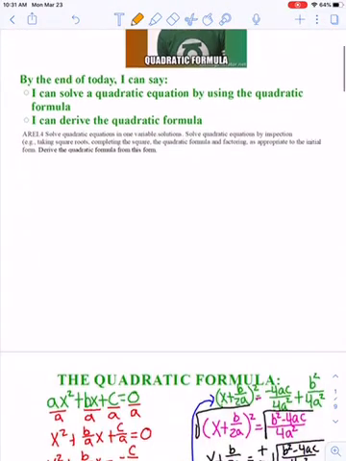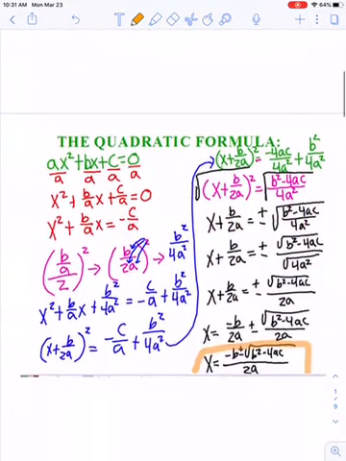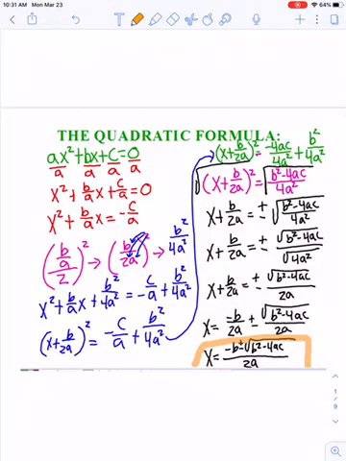The problem with doing that is the quadratic formula is fairly long. So this right here is how you derive the quadratic formula, and I used to make students actually do this process, but lucky for you, what I want you to do is just memorize this formula right here. It says x equals negative b plus or minus the square root of b squared minus 4ac, everything all over 2a.